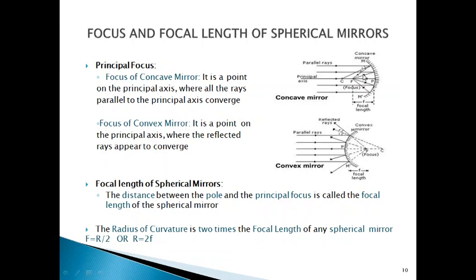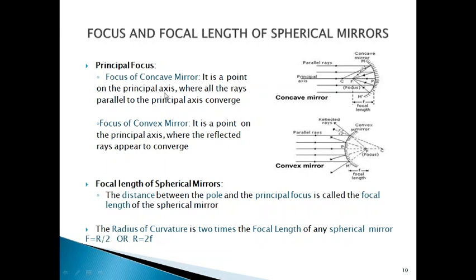After reflection, see, this ray of light is reflecting like this, and this ray is reflecting like this, and this ray is reflecting like this. So we see that all the rays, after reflection, meet at one point. I can say that all the rays converge at one point, and that point is known as principal focus or focus.